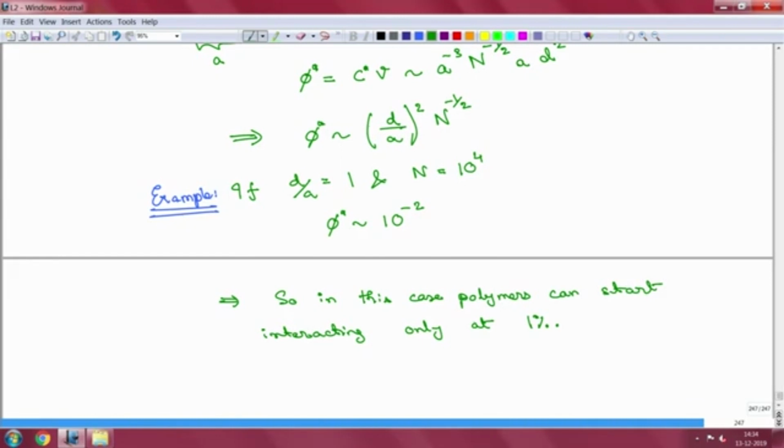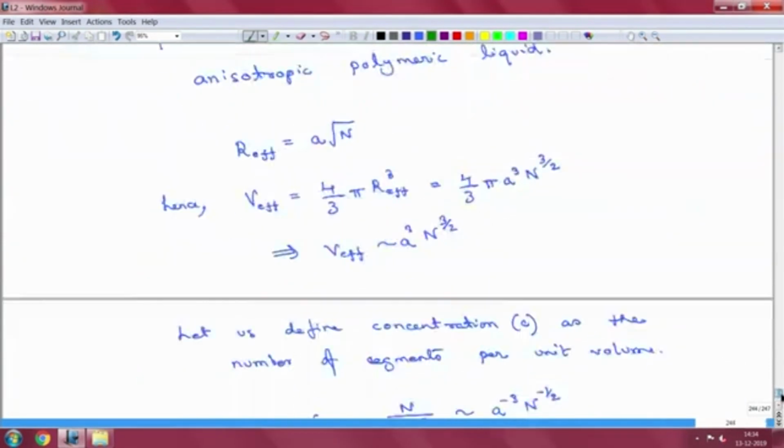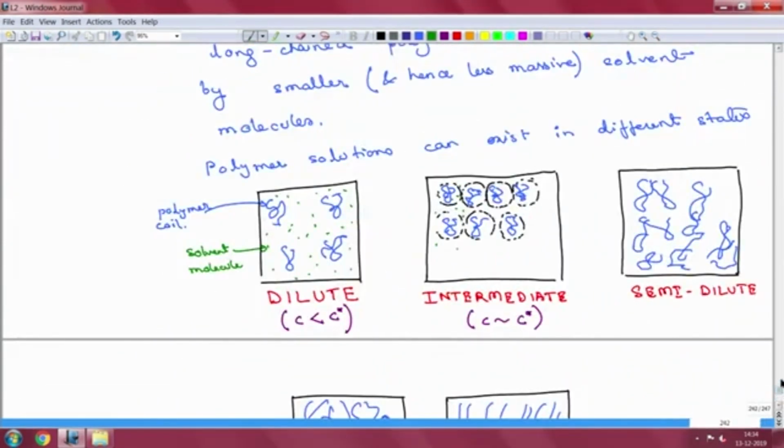When we discussed this intuitively or on a qualitative basis, it does not tell us at what concentration these states are achieved. But now that we have gone through this quantitative process, we know that the intermediate state, for example, can be achieved at very low concentrations also.